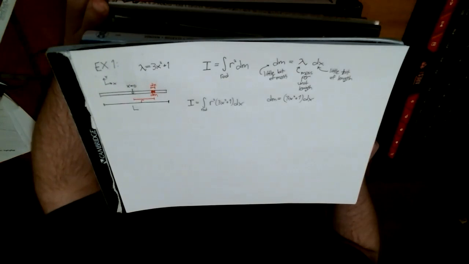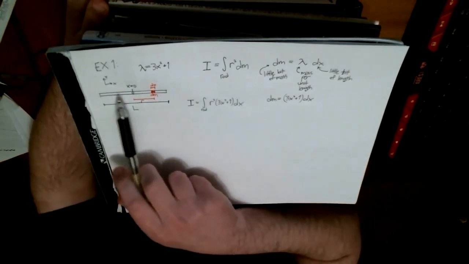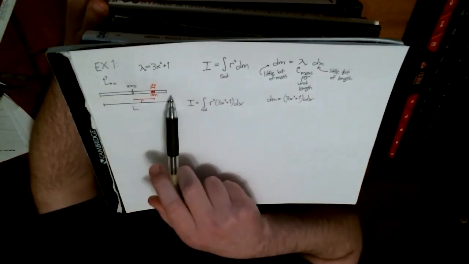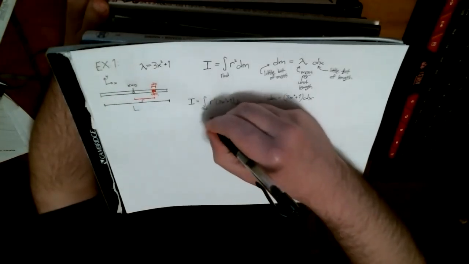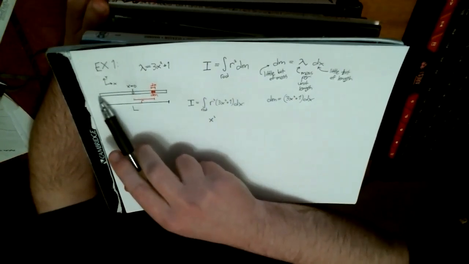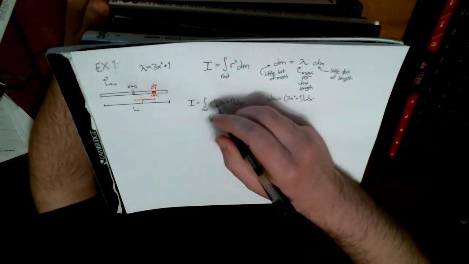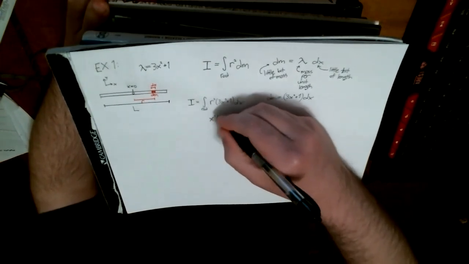That's my R. We notice, since this problem is a one-dimensional problem, R measures up and down the rod, R is equivalently x. Our distances are all measured along the x-axis out from x equals 0. So when we're looking for r squared, what we've really got is x squared.